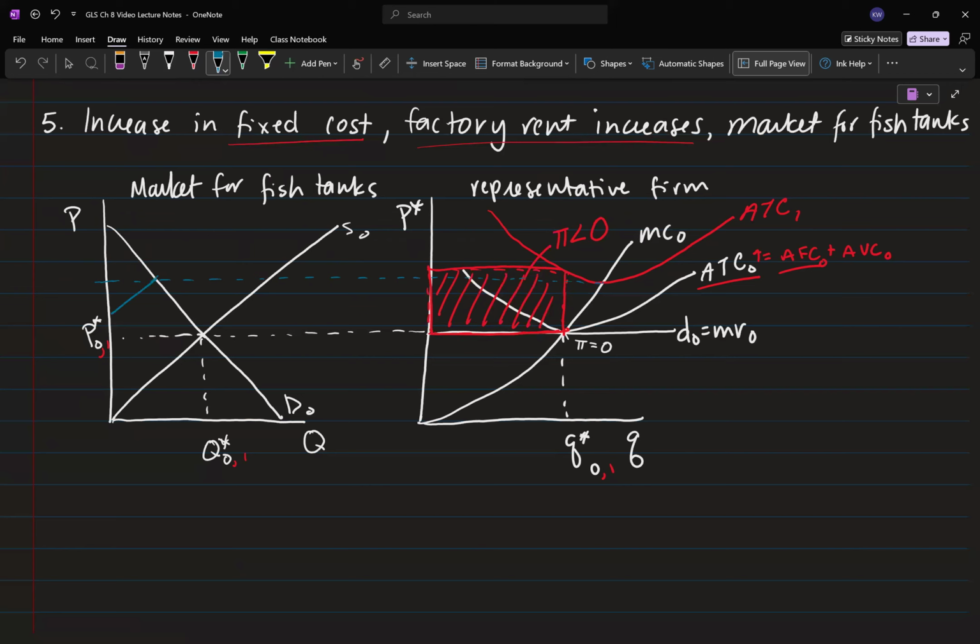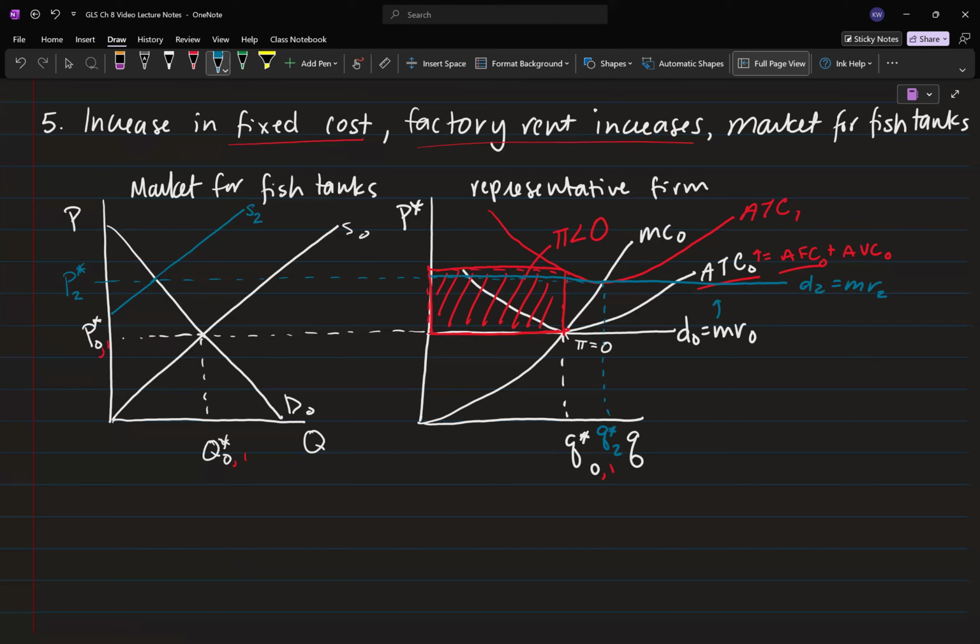That's going to result in the shift of our supply curve up and to the left. That change in supply is going to cause the price for these fish tanks to rise. As the price of fish tanks rises, we're going to see the firm's demand track that change in price, and it will increase as well, right, to that new price level. Now that the firm's marginal revenue has changed, they're actually going to be producing more.